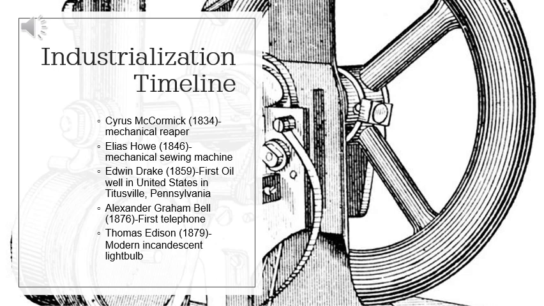In 1876, Alexander Graham Bell invented the telephone. In 1879, Thomas Edison invented the modern incandescent light bulb, which was both cheaper and safer than using candles to illuminate rooms.